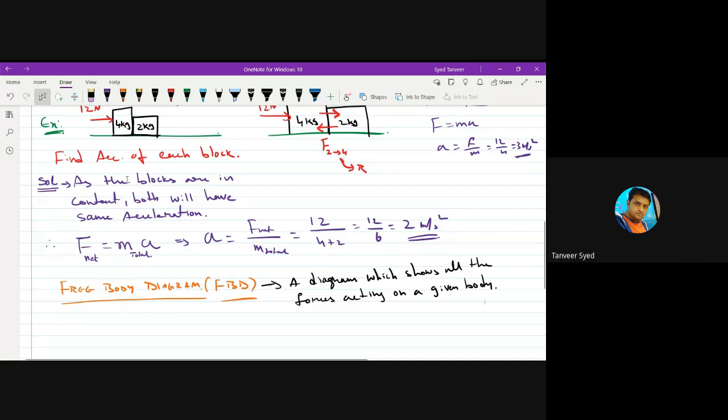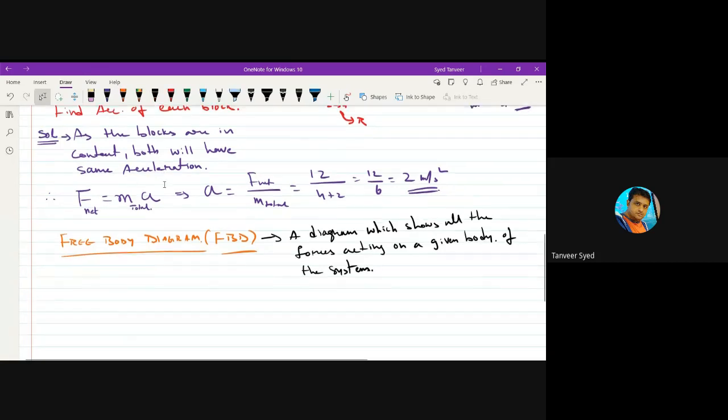Now, given body of the system. Here, this is our system. 4 kg and 2 kg bodies together is our system. Out of this, I want to find out the force acting on the 2 kg body.